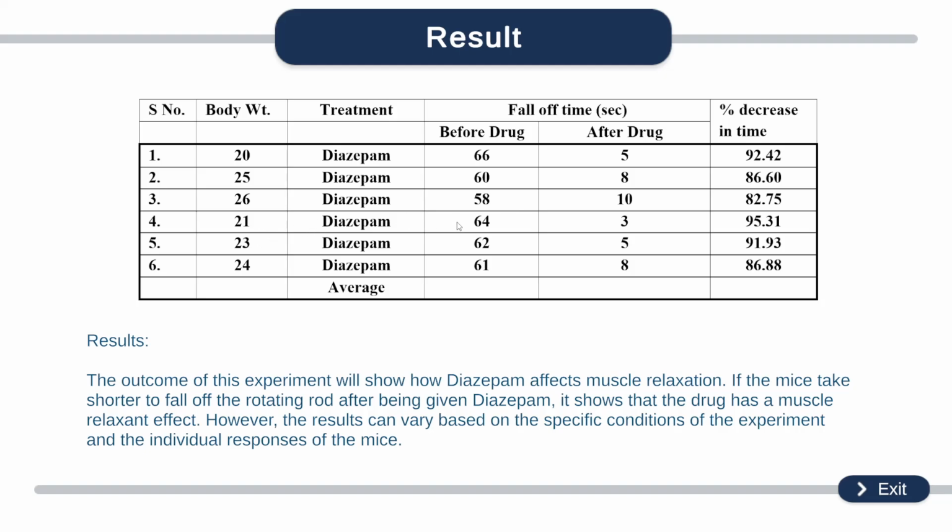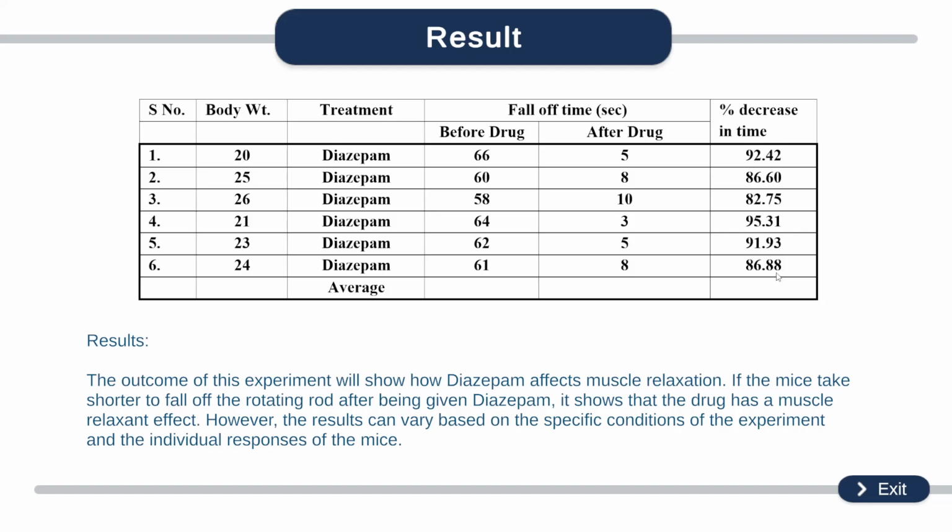For the fourth from 64 to 3 seconds, the percentage decrease is 95.31%. For the fifth mice from 62 seconds to 5 seconds, the decrease is 91.93%. And for the sixth mice from 61 seconds to 8 seconds, the decrease in percentage is 86.88%.